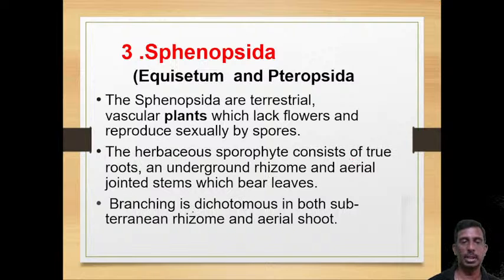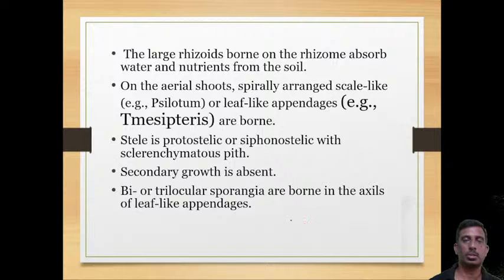Branching is dichotomous in aerial roots, whereas in rhizome and aerial shoots it is whorled. The rhizome will have rhizoids which absorb nutrients. On the aerial shoot there are small scale leaf-like structures. The stele is protostele, siphonostele, with no secondary growth.